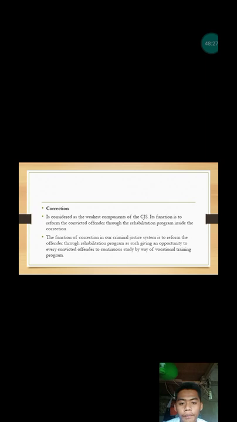The function of correction in our criminal justice system is to reform the offender through rehabilitation programs, giving every convicted offender an opportunity to continue to study by way of vocational training programs, to work, and to learn more about their skills.